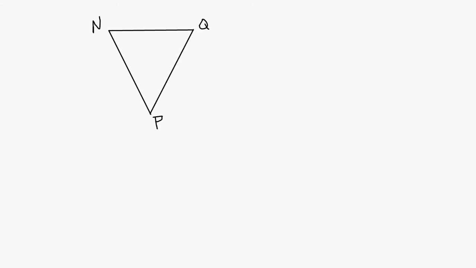Triangle RST. And you're told that N is congruent to R, and Q is congruent to S. And you're given some side lengths: 15, 12.5, and 11.5.